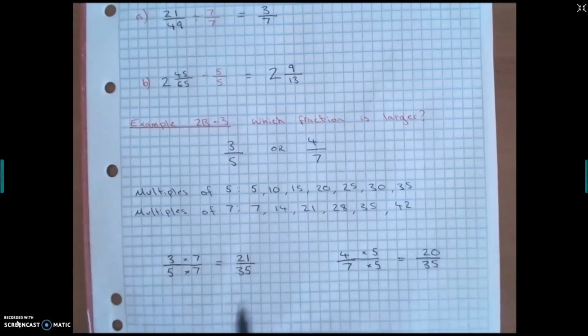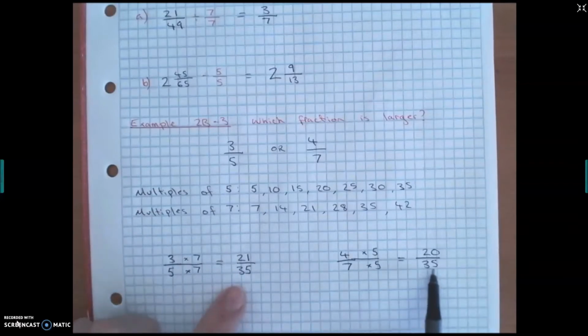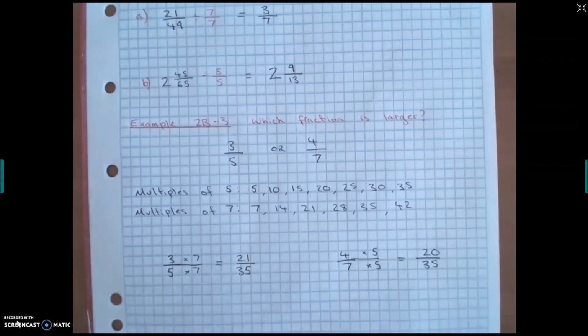So now, since we have these two equivalent fractions with the same denominator, it's much easier for us to compare which is larger. We can see that for 21 over 35, the numerator is larger, therefore this one is going to be larger than this one.